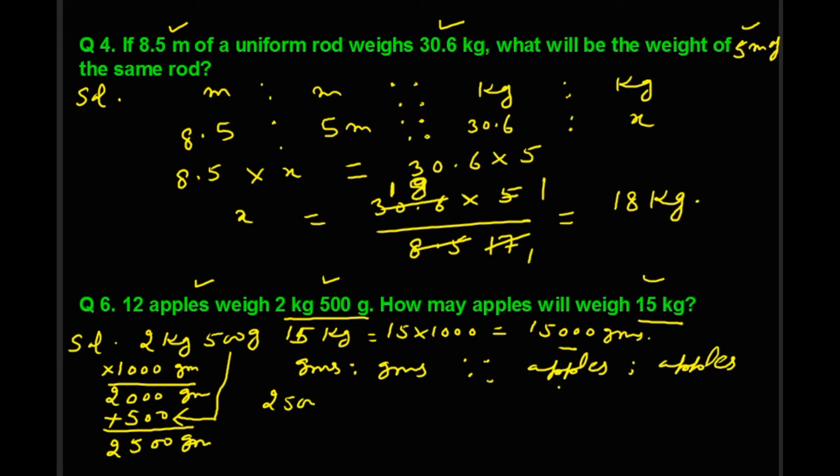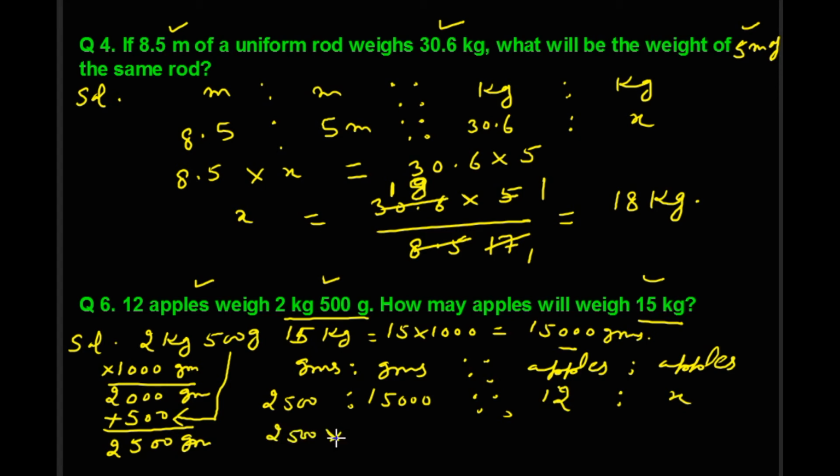So we will first put the weights here, 2500 and 15,000. 2,500 is of 12 apples, and here we have to find.